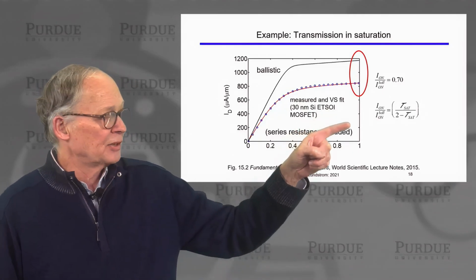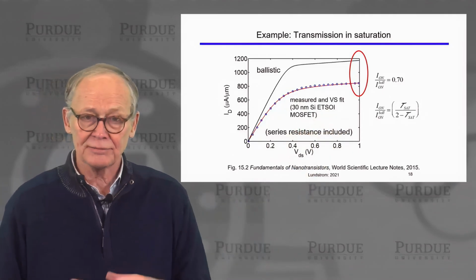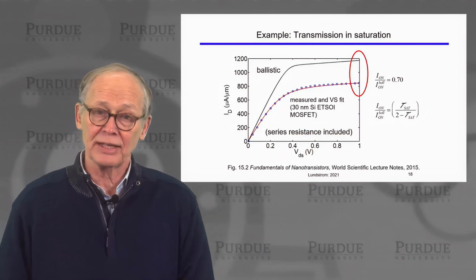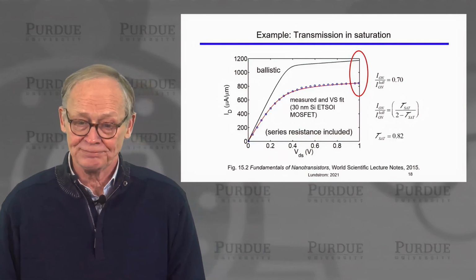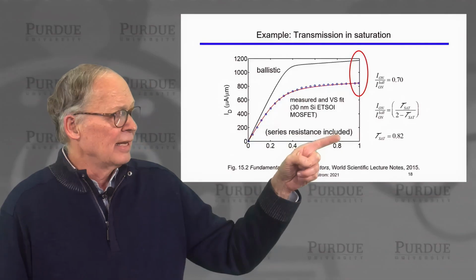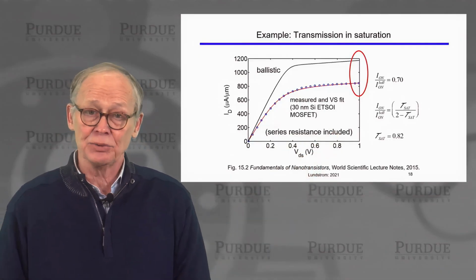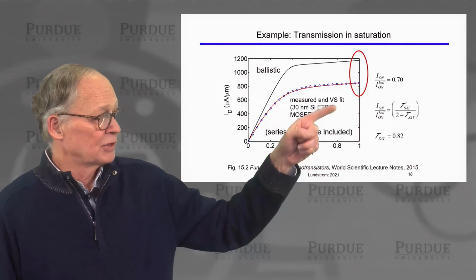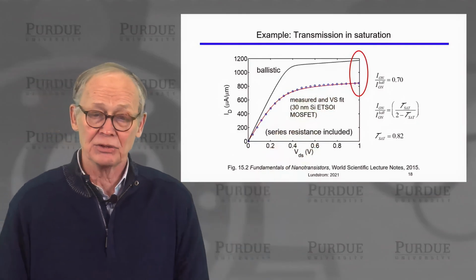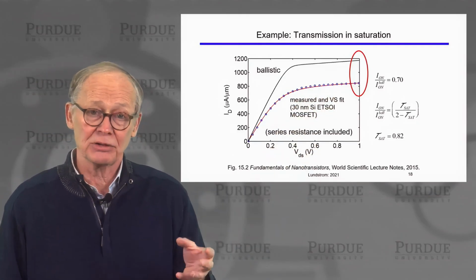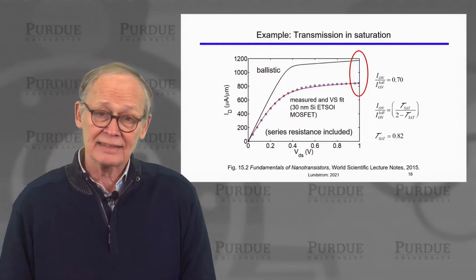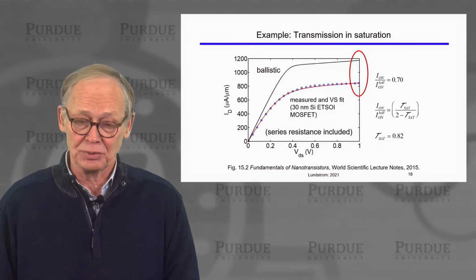Now, the ratio of the on current to the ballistic on current, our theory says, should be transmission divided by 2 minus transmission. From that, we can deduce that the transmission is 82%. So it's even higher than the ratio of the measured current to the ballistic current, and it's actually reasonably close to the ballistic limit.